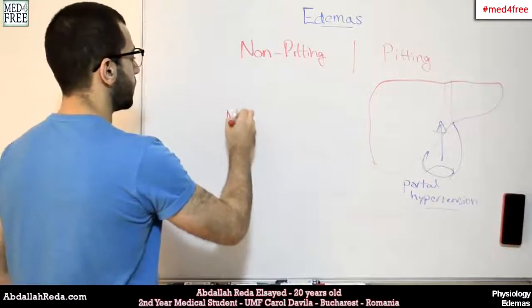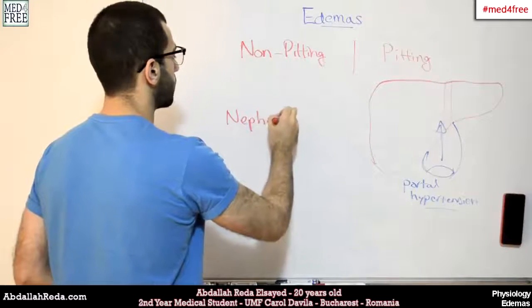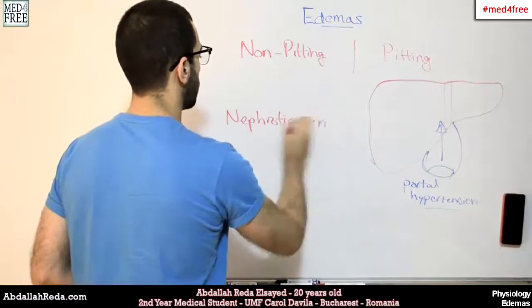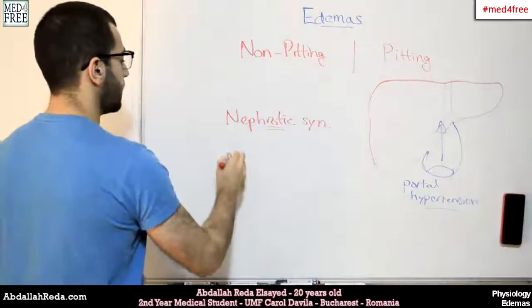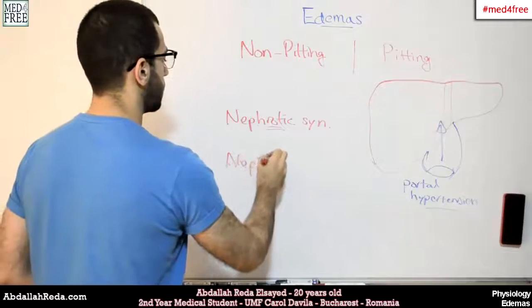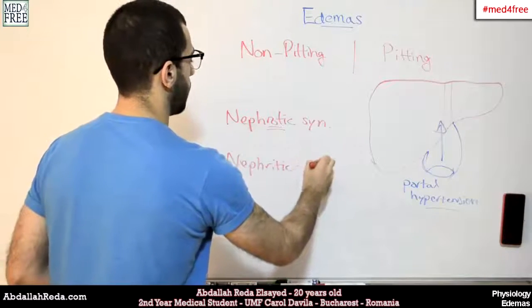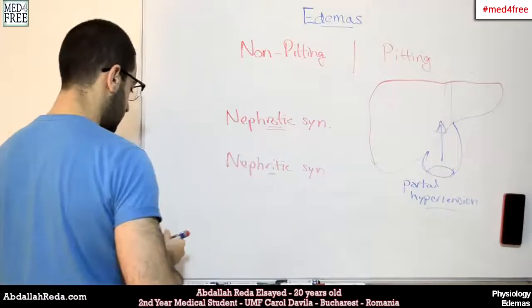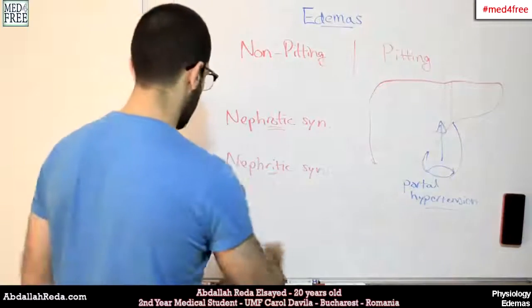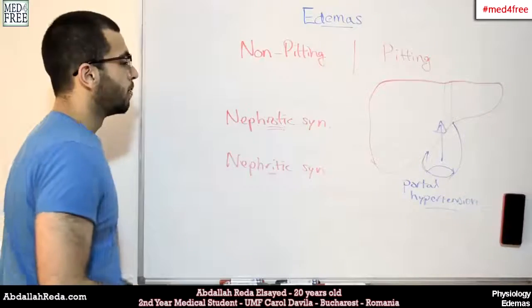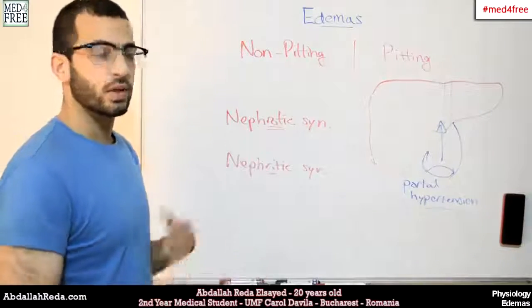We have the nephrotic syndrome with an O and the nephritic syndrome with an I.